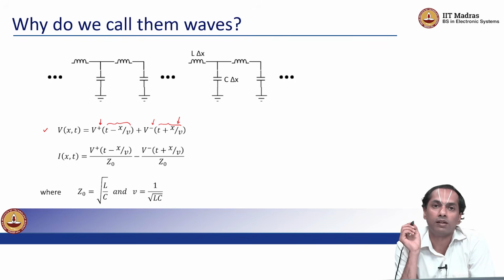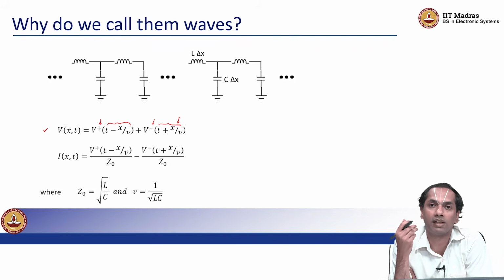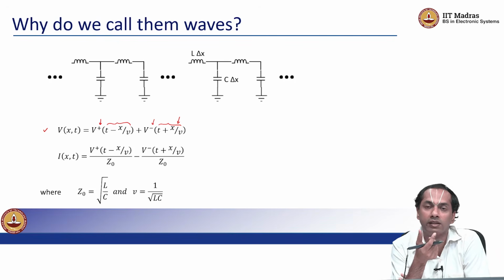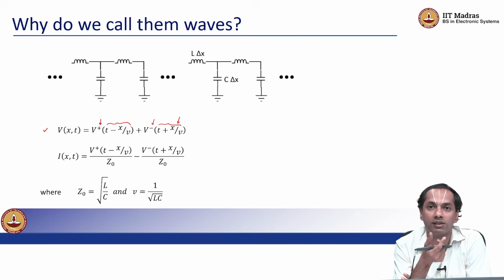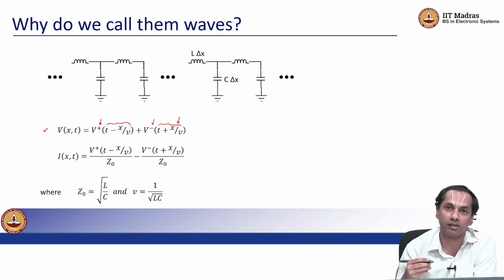So I want to try and give you a picture of what is happening to this function when t and x come together in pairs in this form, that is t minus x square root of LC and t plus x square root of LC. Let's try to take an example and try to understand what's going on.